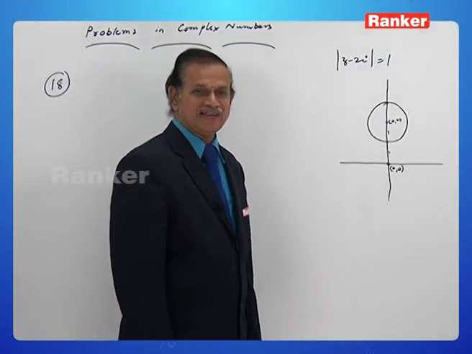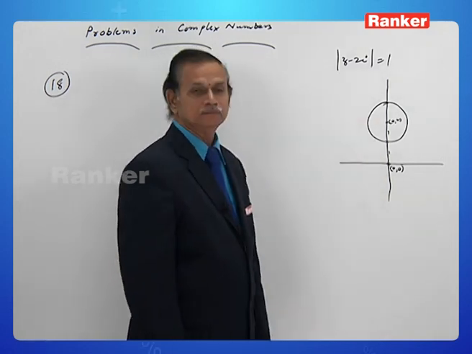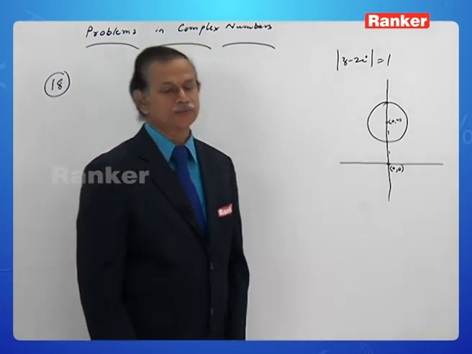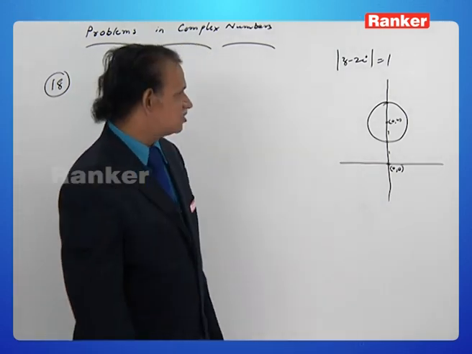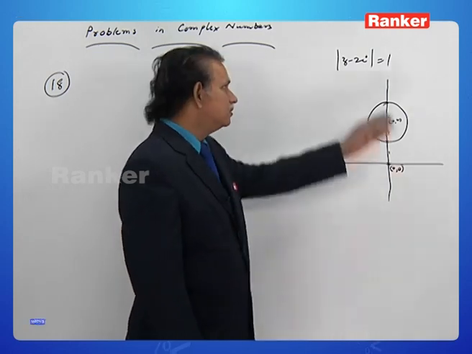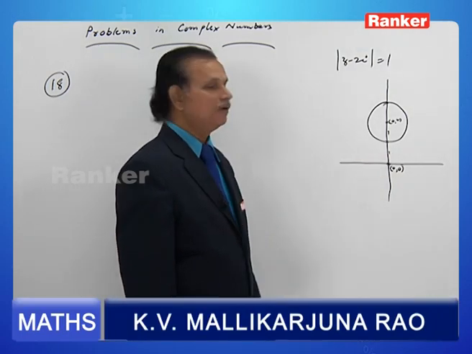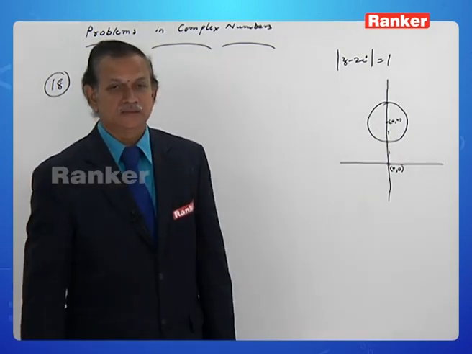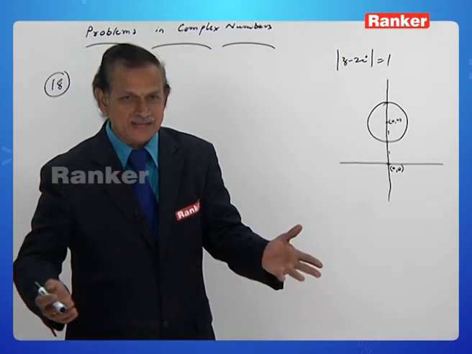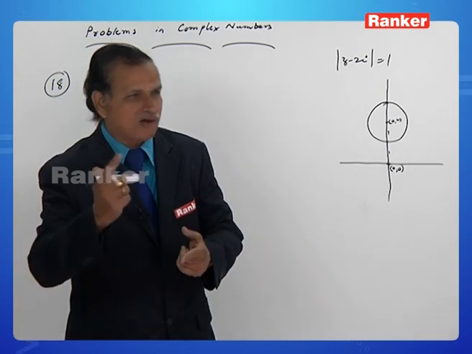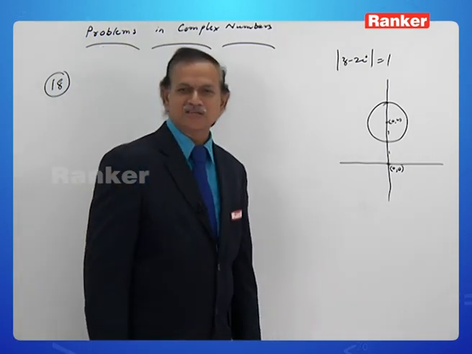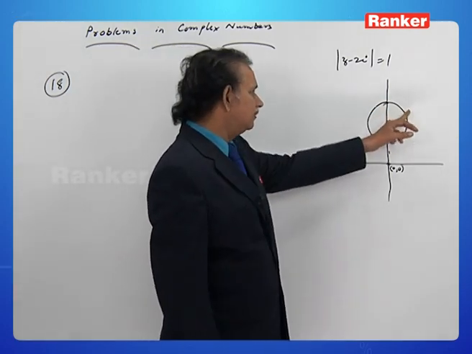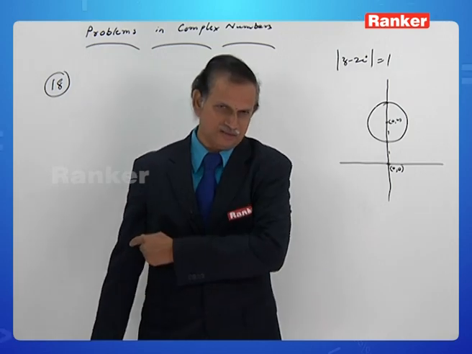Its center lies on y-axis because x coordinate is 0. The center is 0, 2, because the complex number 2i is nothing but 0, 2, and the radius is 1. Therefore, it is a circle with center 0, 2 and radius 1. Our z, the heroine of the problem, lies on this circle. It can stay here, here, here, here or anywhere on the circle.